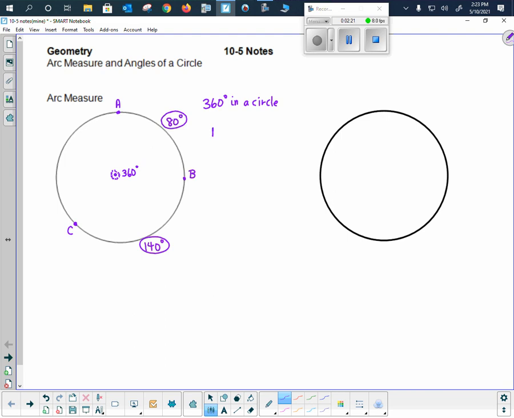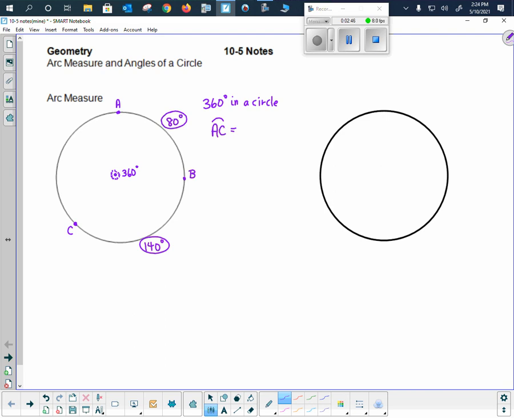I want to know the measure of arc AC. Okay, well, the first thing I notice is that all the way around the circle is 360. And A to B is 80 degrees. B to C is 140 degrees. Now I just need to know C back to A or A back to C. It doesn't really matter.